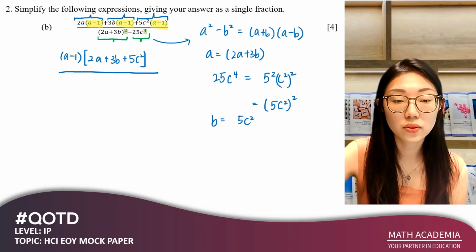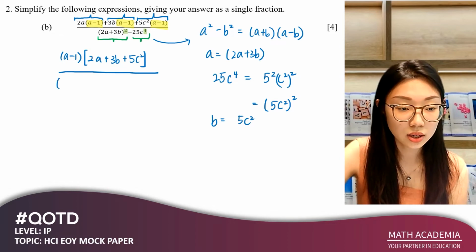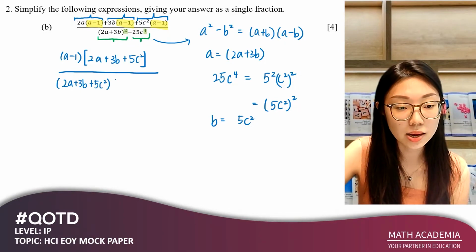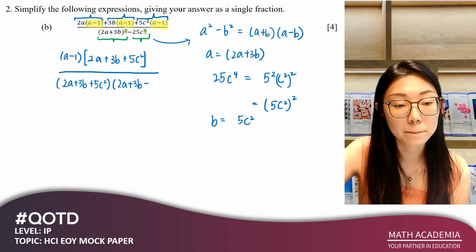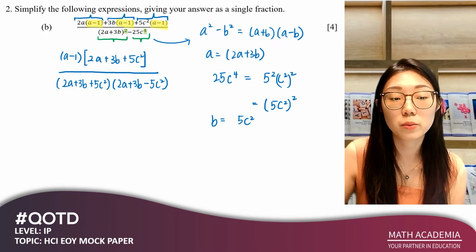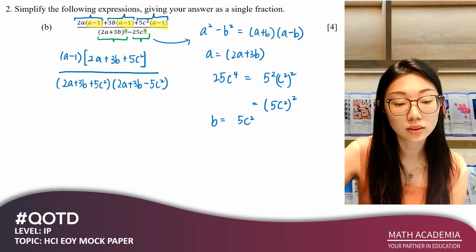Okay, so with this, I can rewrite my denominator as 2a plus 3b plus 5c squared multiplied by 2a plus 3b minus 5c squared. Okay, when I observe my numerator and my denominator, do I see something in common?